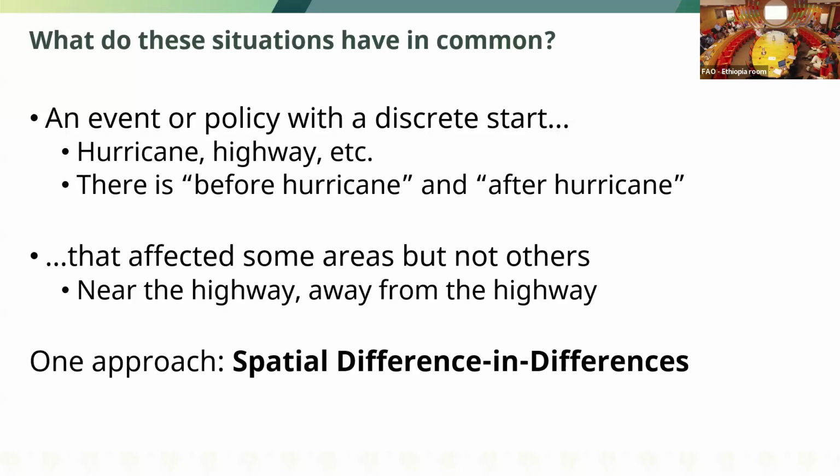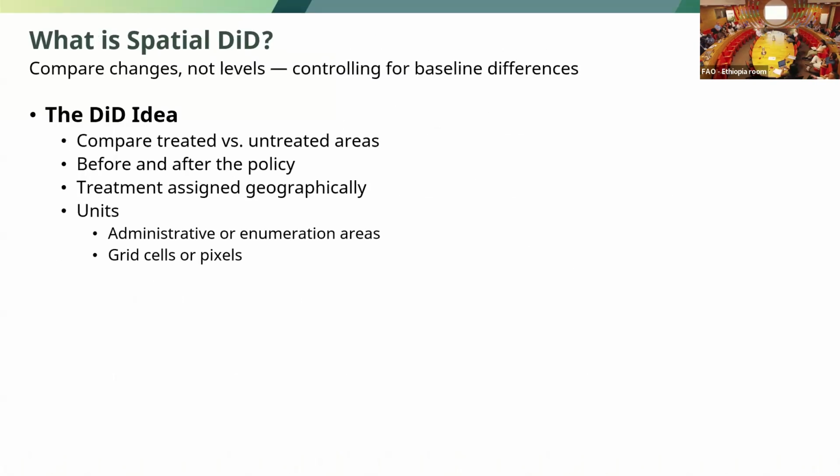One approach you can take is spatial difference in differences. Difference in differences is a general method; once you put it into a spatial context, that's what makes it spatial. What distinguishes a diff-in-diff from any other simple comparison is that it's comparing changes.